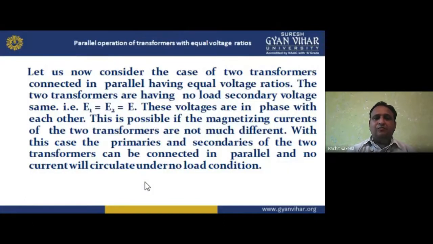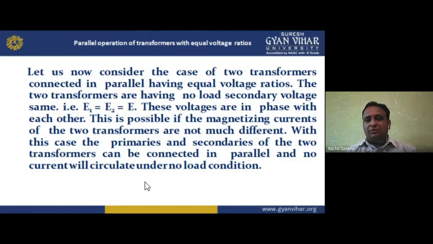Now, with equal voltage ratio. Let us now consider the case of two transformers connected in parallel having equal voltage ratio. The two transformers have the same no-load secondary voltage, that is E1 is equal to E2 is equal to E, because of the same ratio. These voltages are in phase with each other. This is possible if the magnetizing currents of the two transformers are not much different. The magnetizing current has two components, the loss component and the magnetizing component.